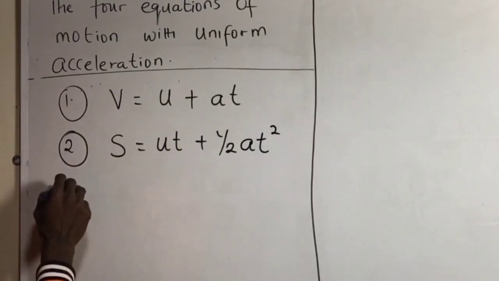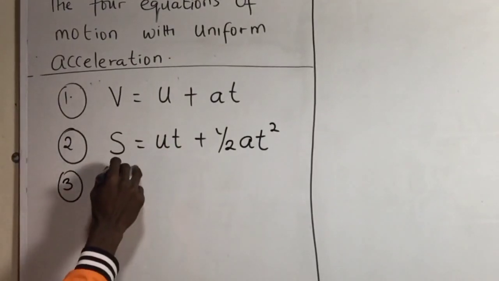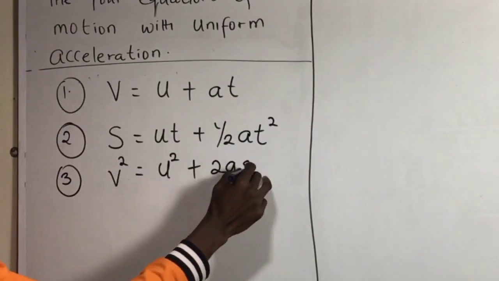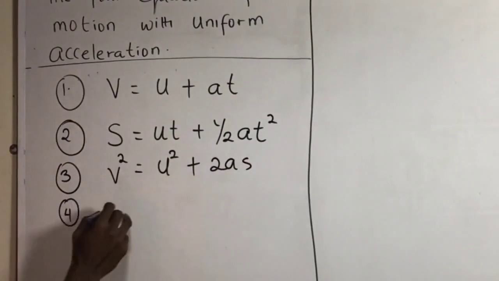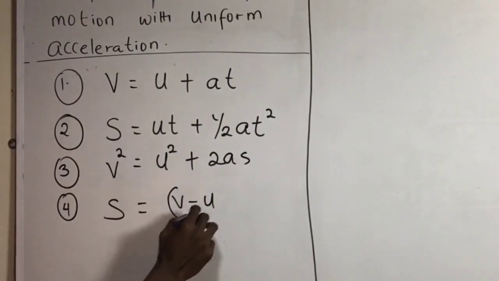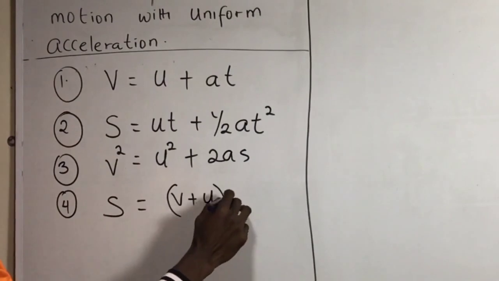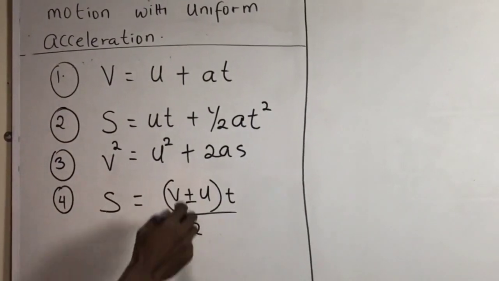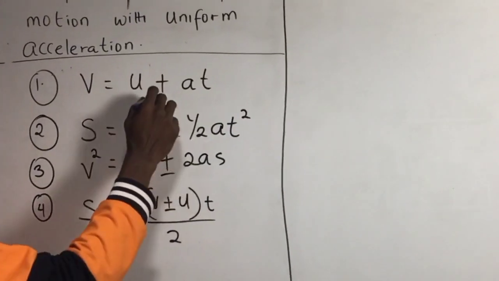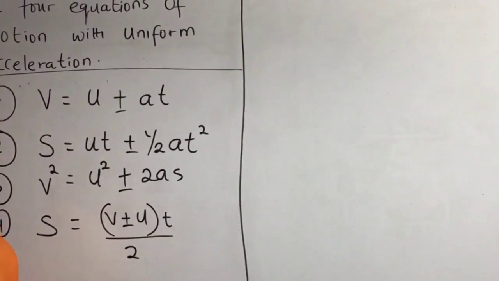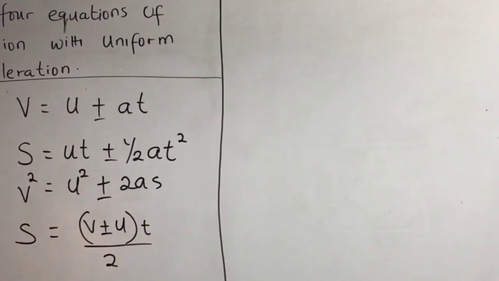The third one is v squared equals u squared plus 2as. The fourth one is s equals (v minus u) times t over 2. Depending on the question, you can have plus or minus, depending on whether it is accelerating or decelerating.